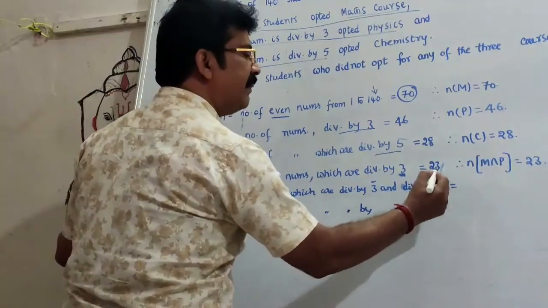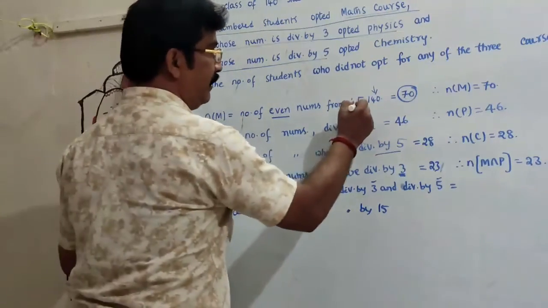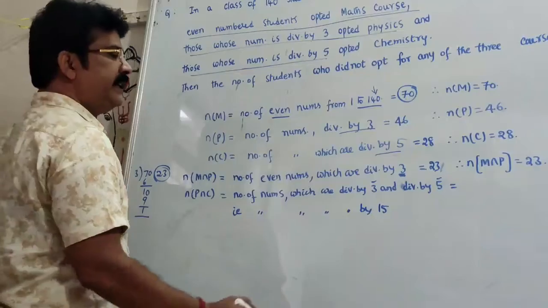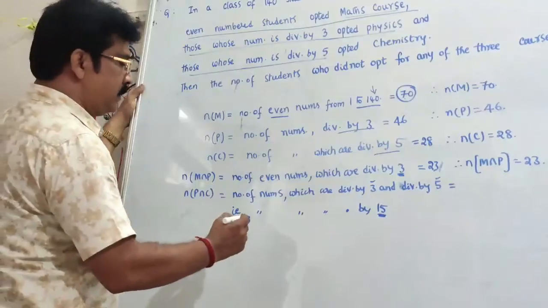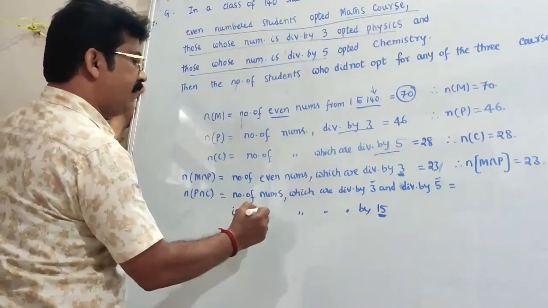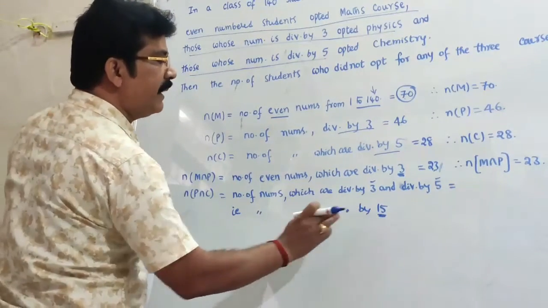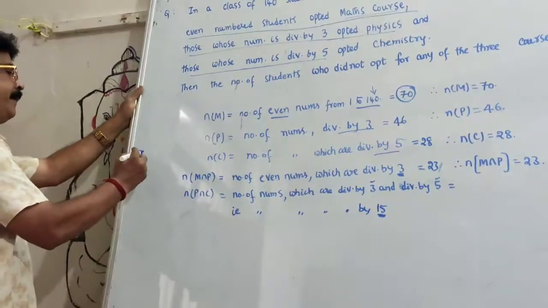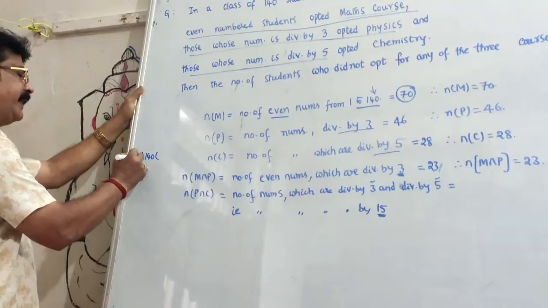LCM of 3, 5 is 15. So out of 140 numbers, it is enough to find the number of numbers which are divisible by 15. Means take 140 divided by 15.